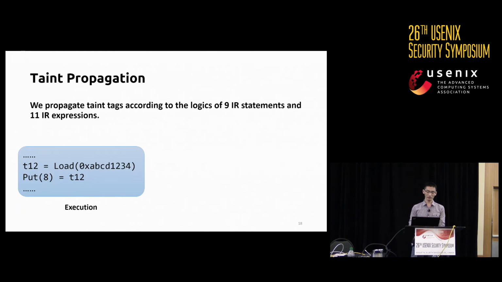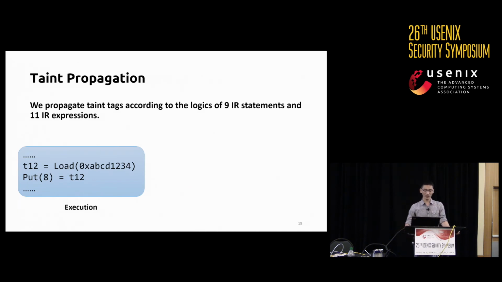The first IR statement is used to load a value from the memory ABCD1234 and then put this loaded value to the temporary T12. The second IR statement is used to get the value of temporary T12 and then store the value into the offset 8 of the thread state. Thread state is used as the guest registers in Valgrind.